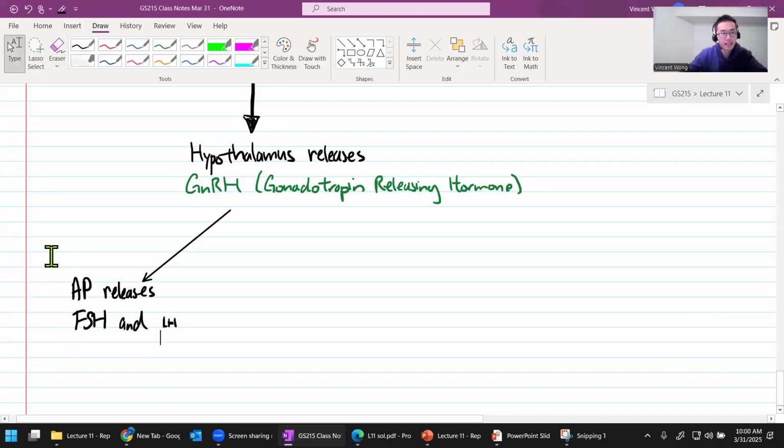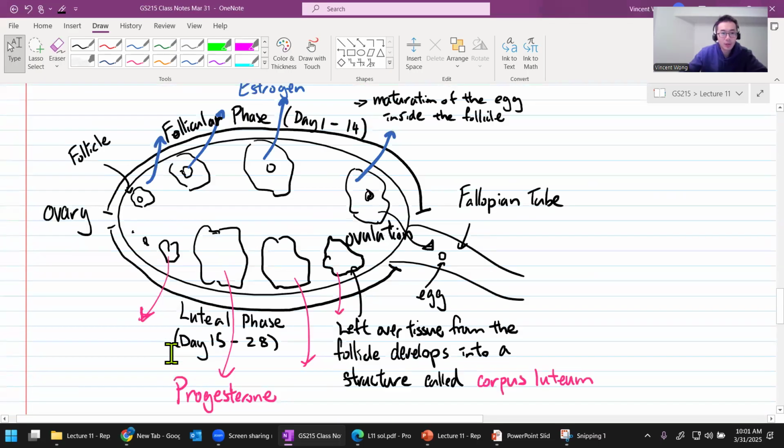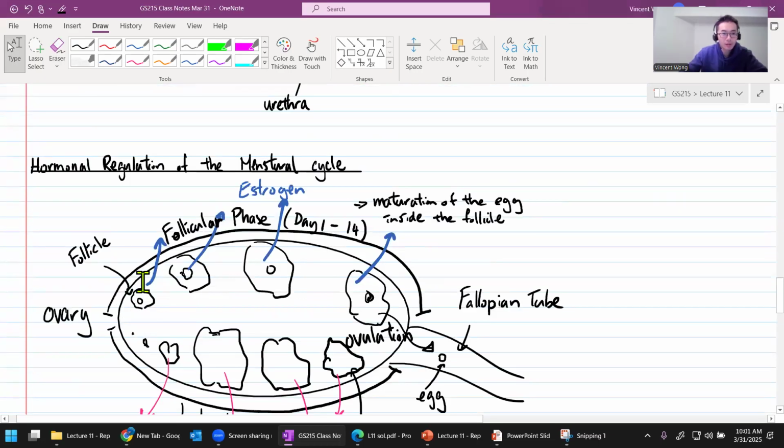Now, what do you think follicle stimulating hormone does? That's why it's important to know what they stand for, because the name tells you the function of the hormone. So follicle stimulating hormone is going to go and stimulate a follicle.